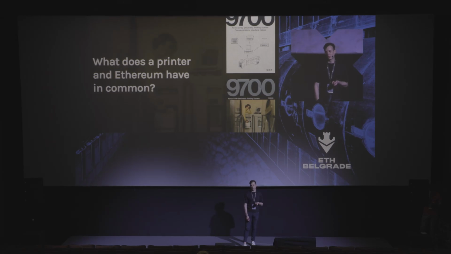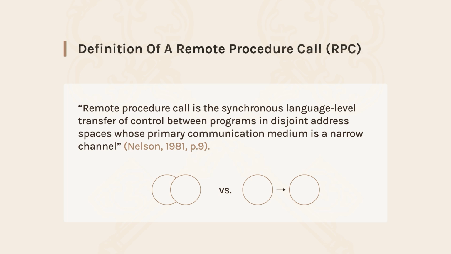Because printers and Ethereum do use RPCs in order for you to not have to run a node to participate in the network. So, long story short, a remote procedure call connects two systems that don't know anything about it, that don't share memory, that do not communicate other than over a very narrow socket.